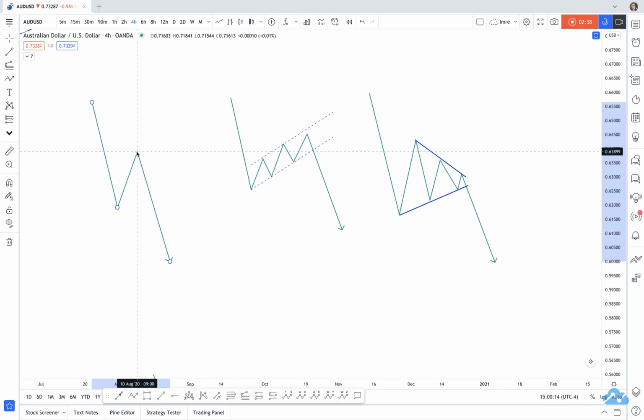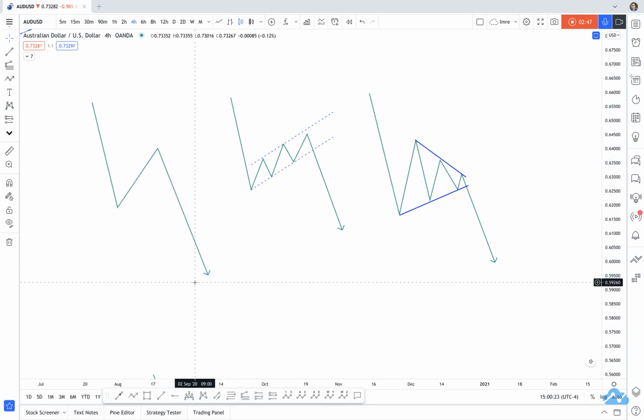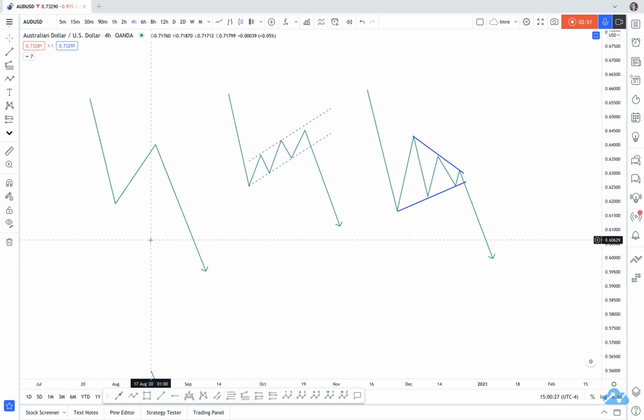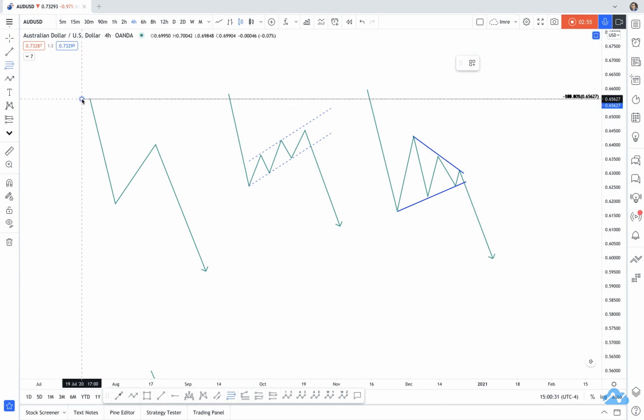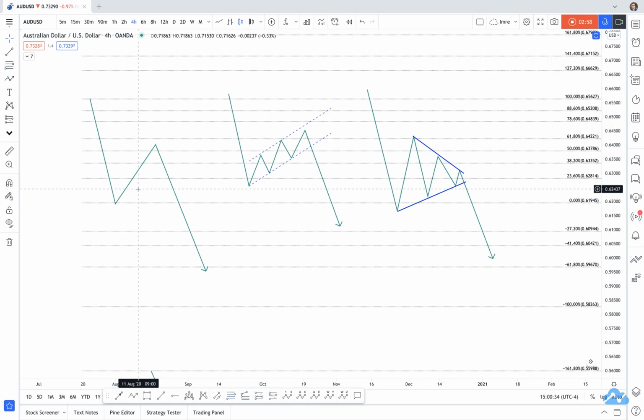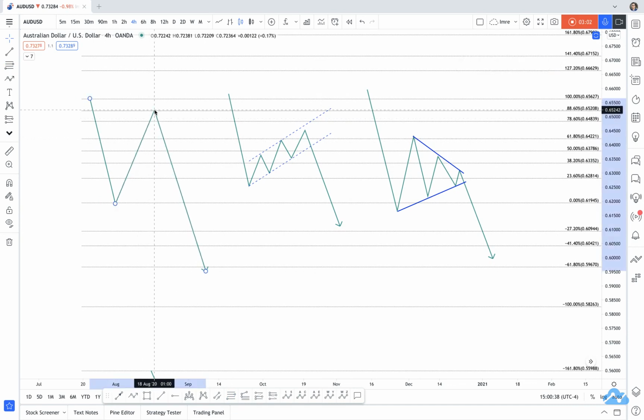So a deep retracement would be something like this, where we see a fairly sharp correction, or it can be slightly less sharp, but the point is that it retraces a significant percentage of the prior impulsive wave. If we're using Fibonacci retracement levels, then we're looking at 38.2%, 50%, 61.8%, and even beyond.